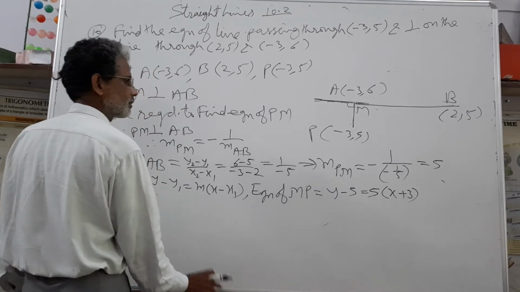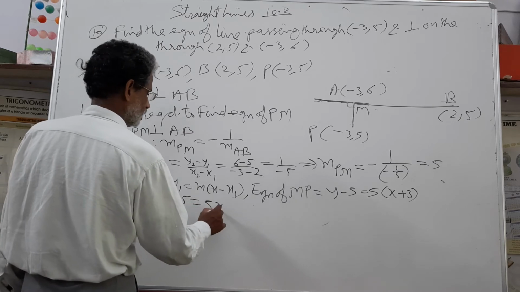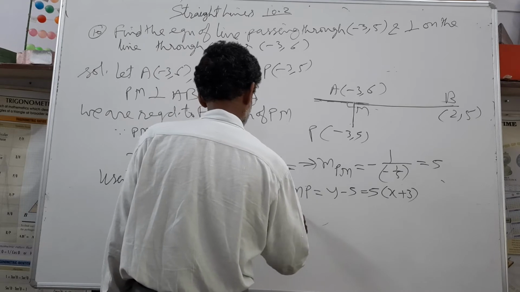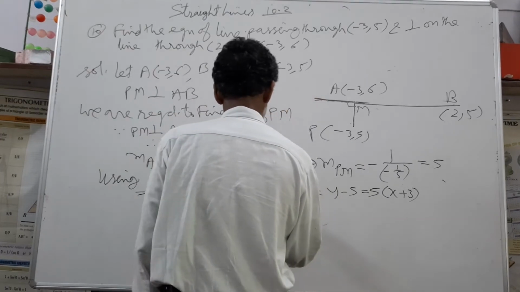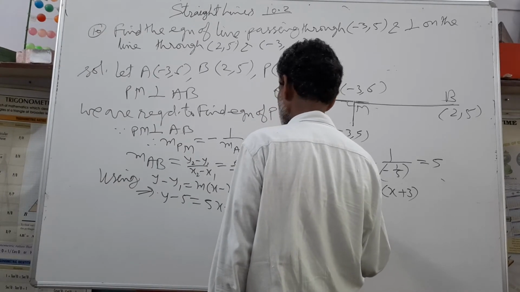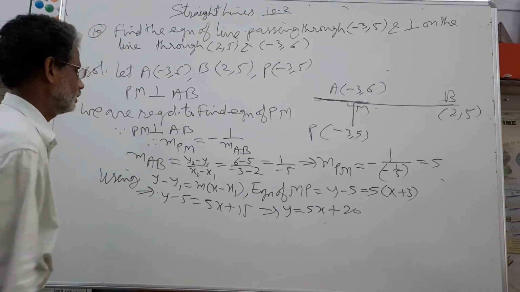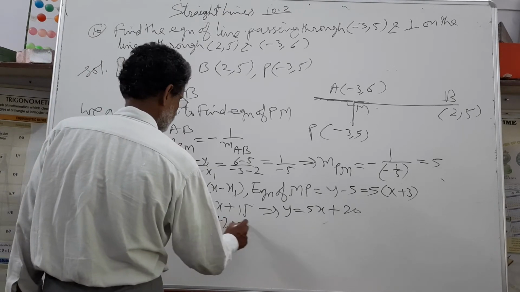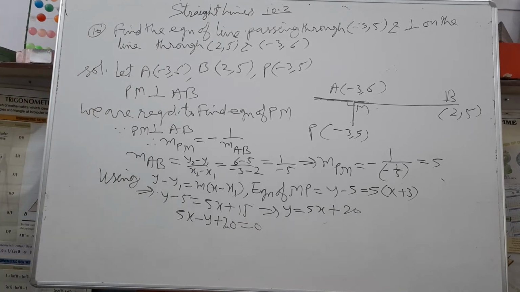This implies y minus 5 is equal to 5x plus 15. This implies y is equal to 5x plus 20 in slope form. In general form, it can be written as 5x minus y plus 20 is equal to 0. This is your required equation. Thank you.